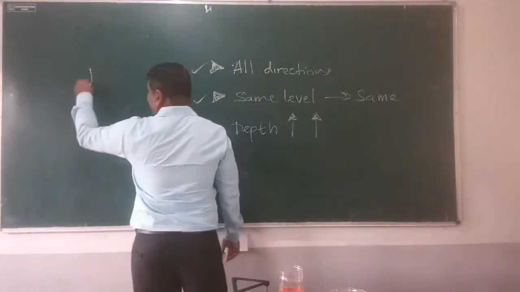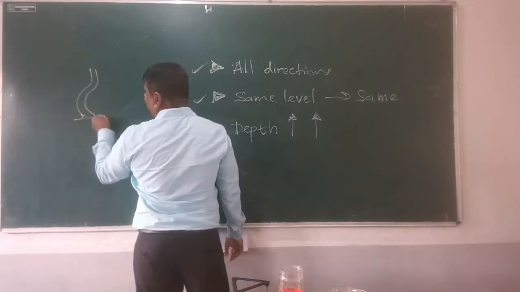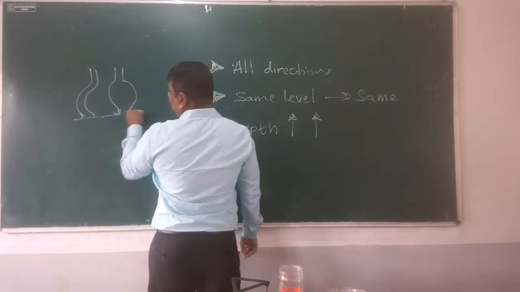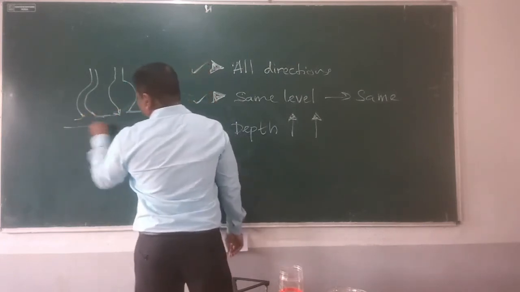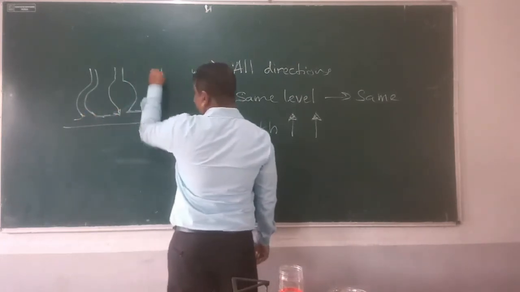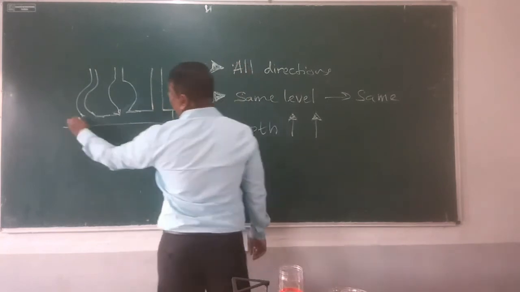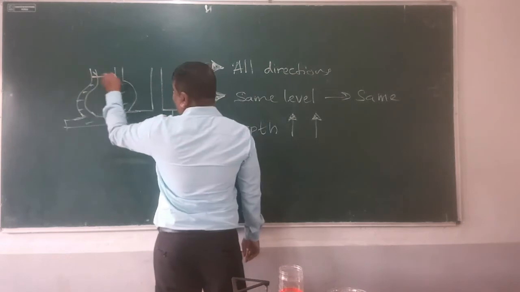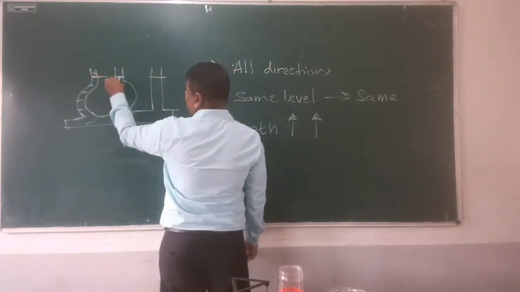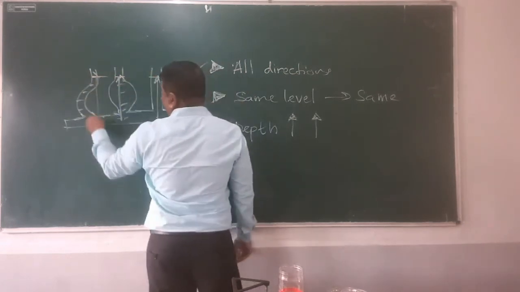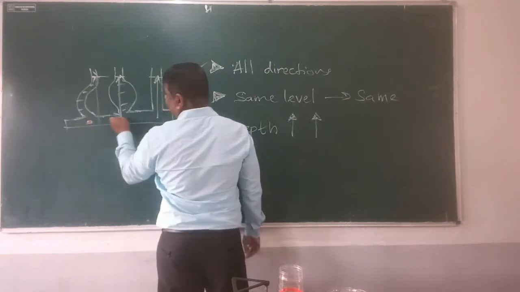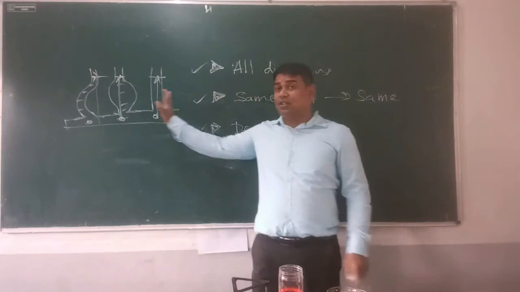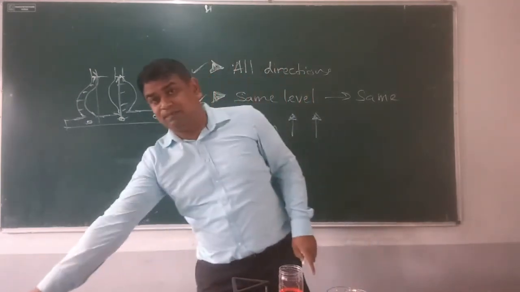If you fill water into this type of curved one or fat one like this, or ones which are connected to the same tube, or a cylindrical one, or likewise if you fill water into these different containers, if the liquid height is the same, the pressure exerted by that liquid is the same. Therefore, it does not depend on the shape of the container.